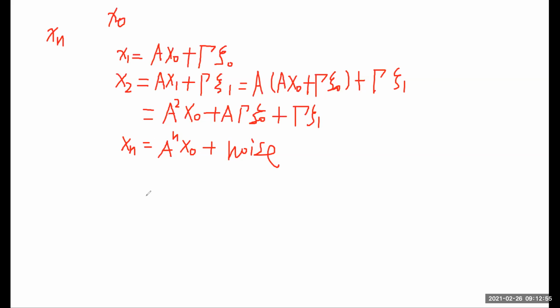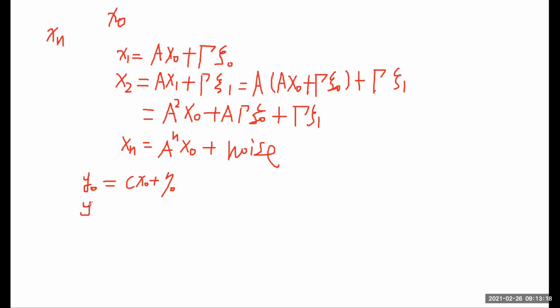Then let's see how we can first estimate x0. Now let's look at the output. Starting from y0, y0 is C x0 plus eta 0.